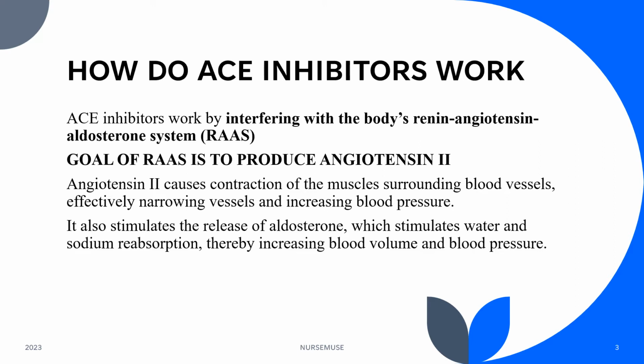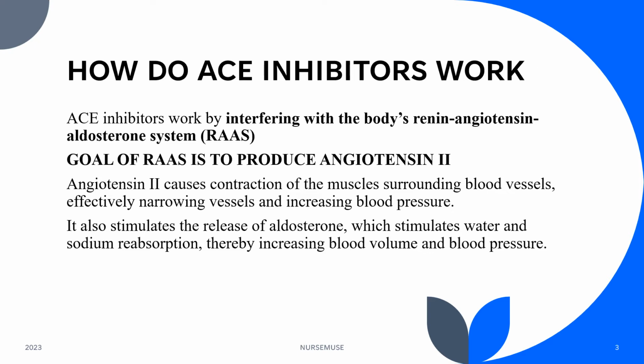When we activate RAS, we're also going to stimulate the release of aldosterone. And when aldosterone is stimulated, it really keeps the water and sodium inside the body because the body is trying to increase its blood volume and its blood pressure.